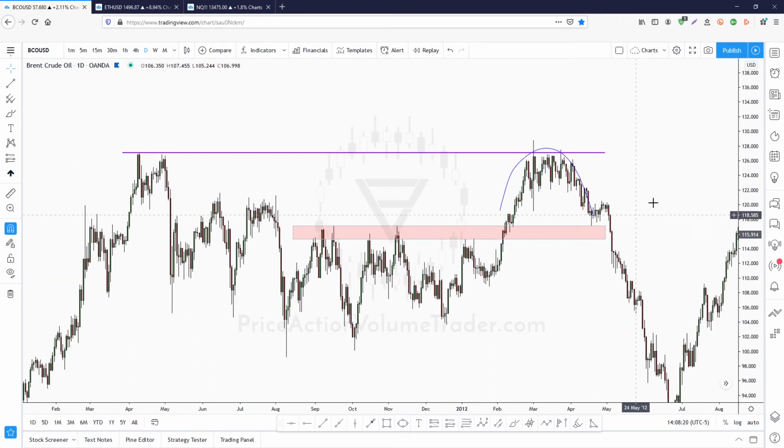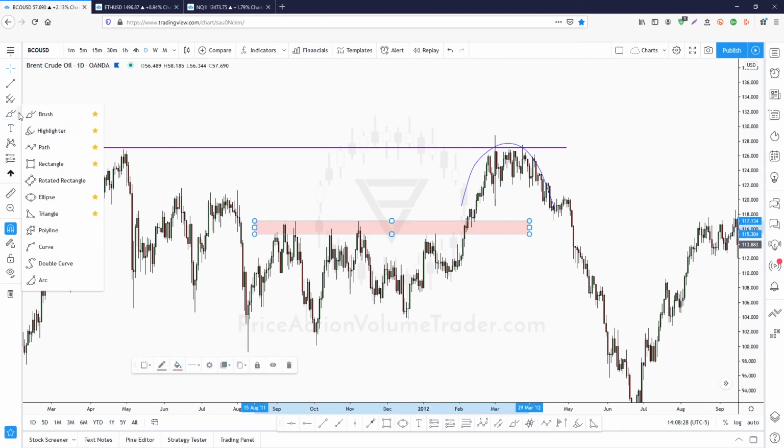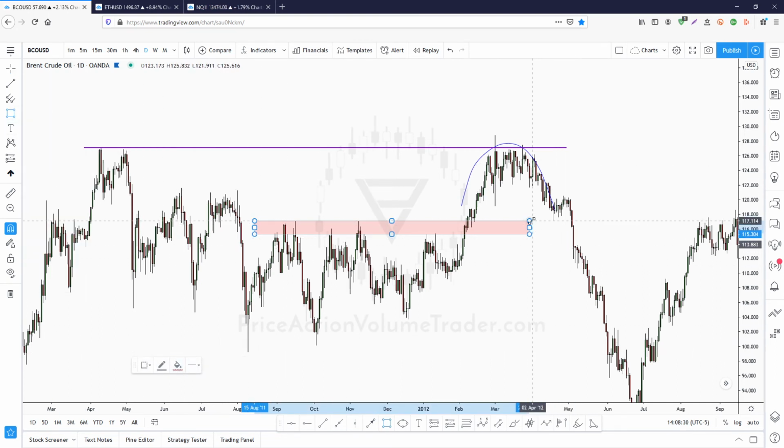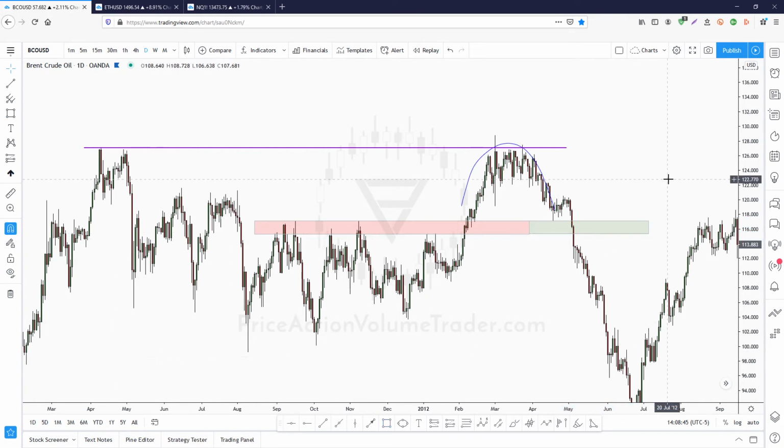If you see this happening, if you have a level where you come back into it, you bounce, and then you come back again to test it very quickly, it's probably better to just abandon the trade, because if a level is strong, price should immediately go away from it and not come back so soon.